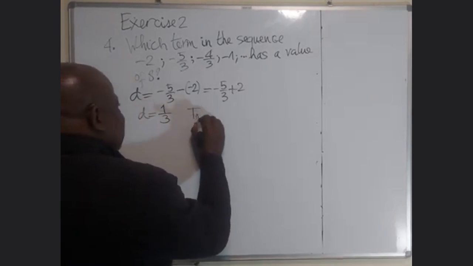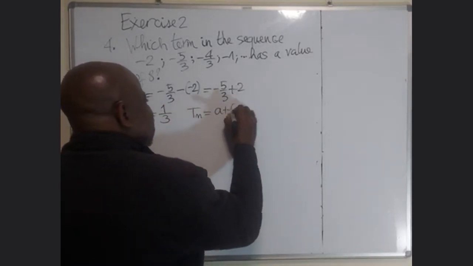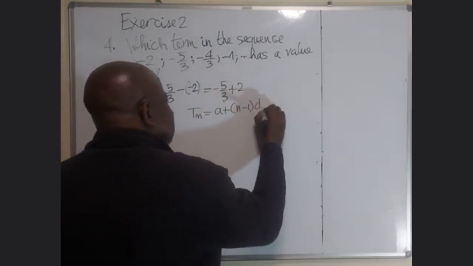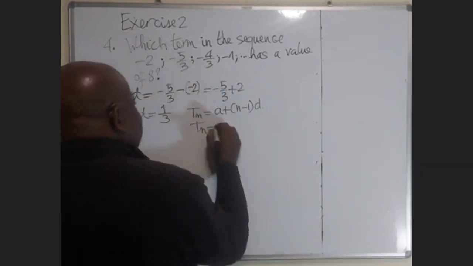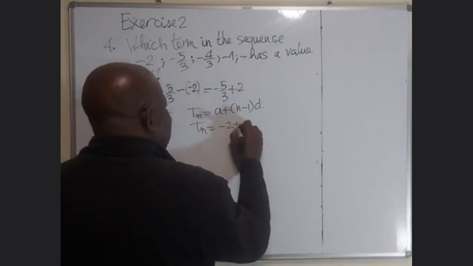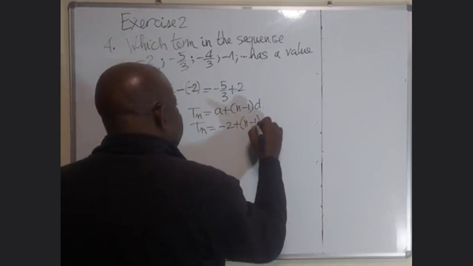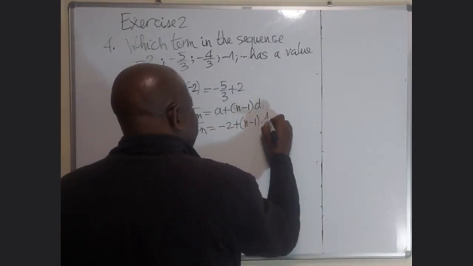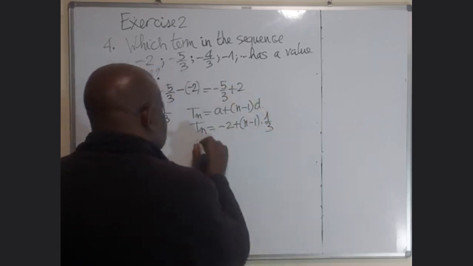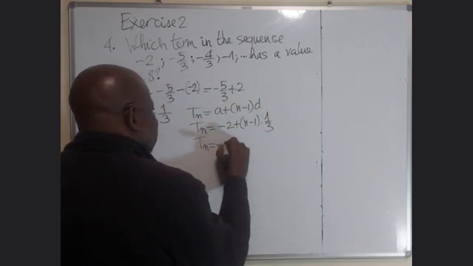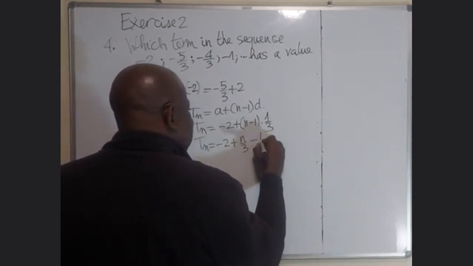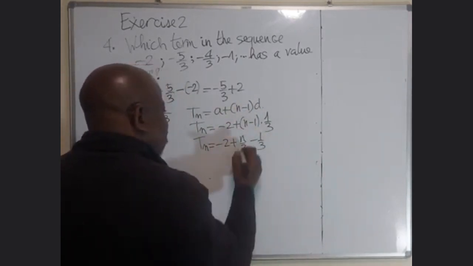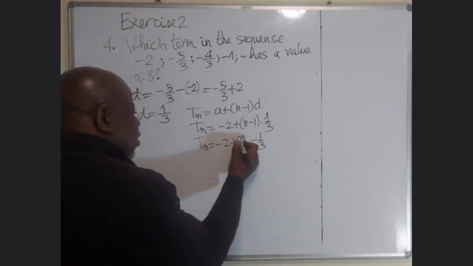Tn will be equal to a plus n minus 1 times d. The first term is negative 2 plus n minus 1, and our common difference is 1 over 3. So Tn will be equal to negative 2 plus n over 3 minus 1 over 3.